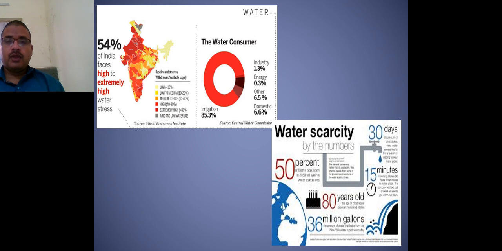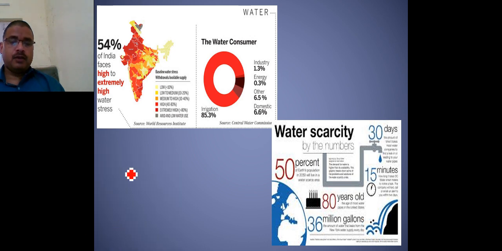Now there is a scarcity of water going on, so we need to take care of the water. There is some data written here. On the basis of this data, we can understand the importance, and how the whole country will survive if we do not save more water.